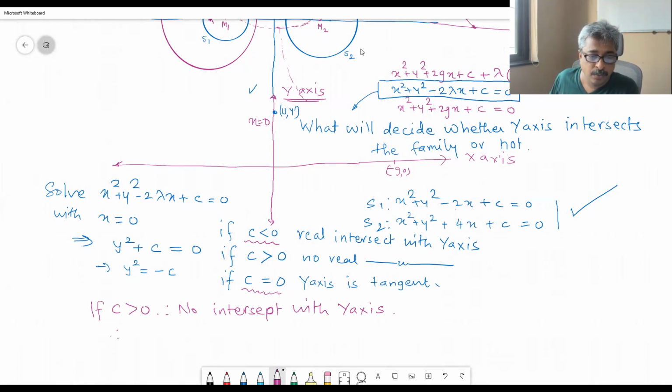Therefore, we must have a point circle in this family.